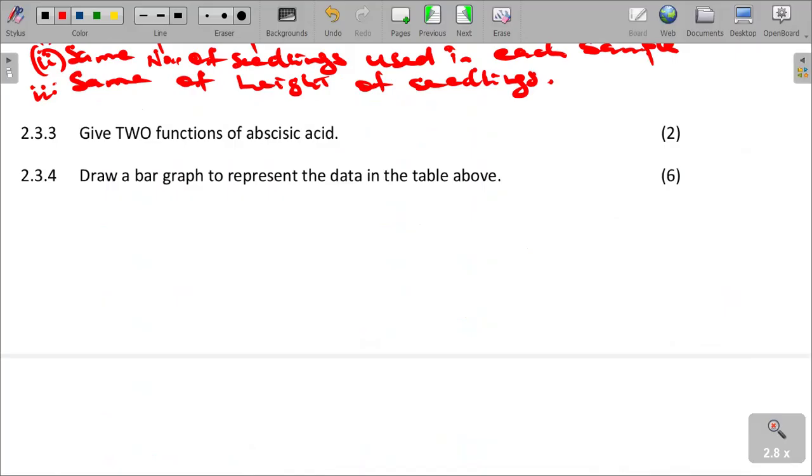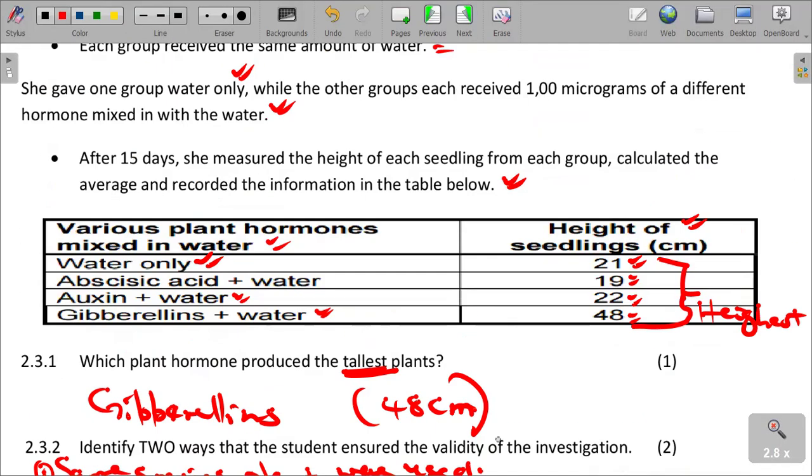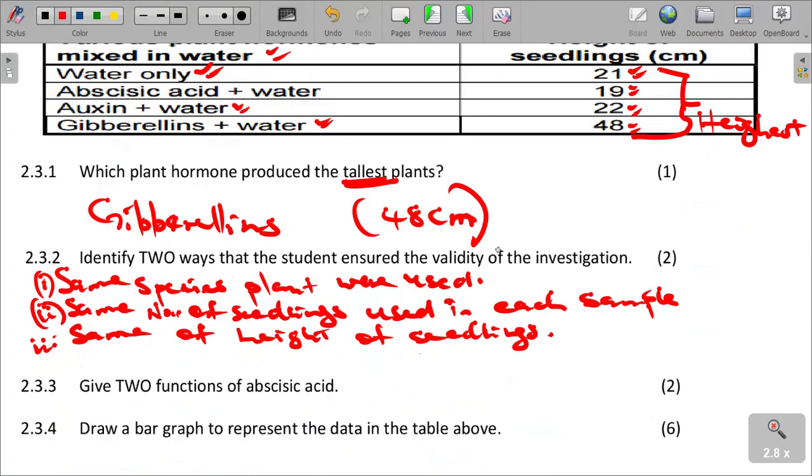We can also have the same period of time: after 15 days, she measured the height of each seedling from each group. So 15 days were given to each group. So the same period of time was given to the experiment.